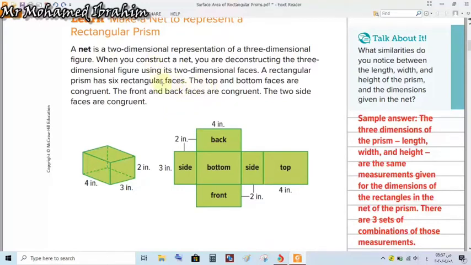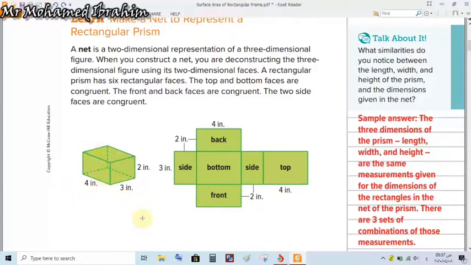Actually, in this lesson, he started to tell you about the net. A net is a two-dimensional representation of a three-dimensional figure. We just draw these rectangles all together and cut them using scissors, and then we complete the figure into a 3D shape.